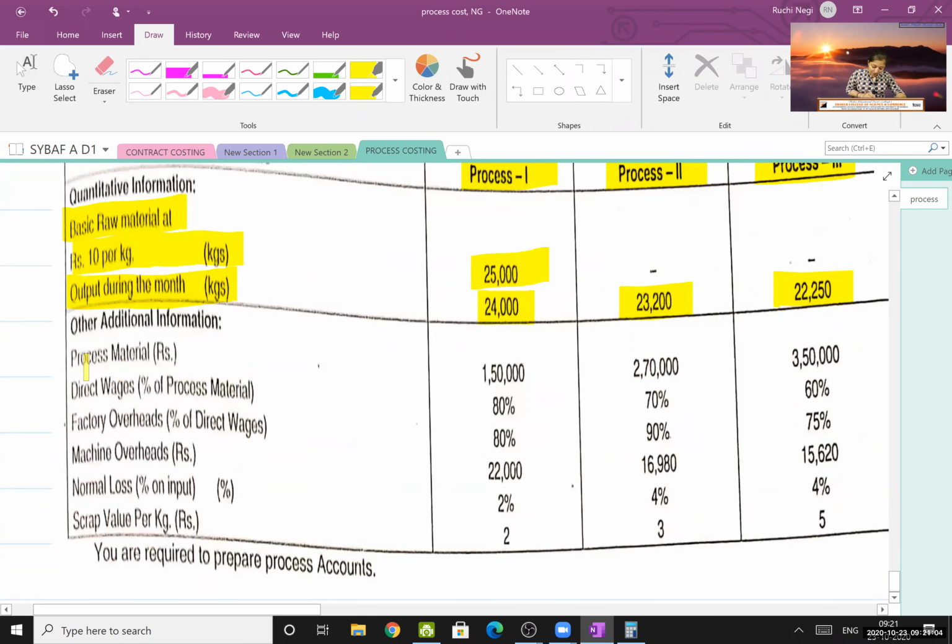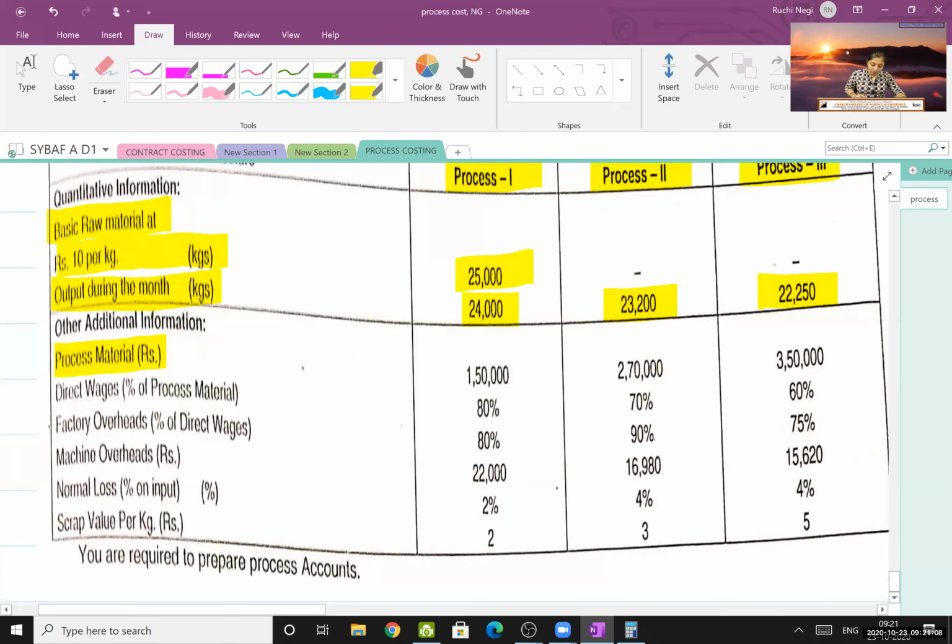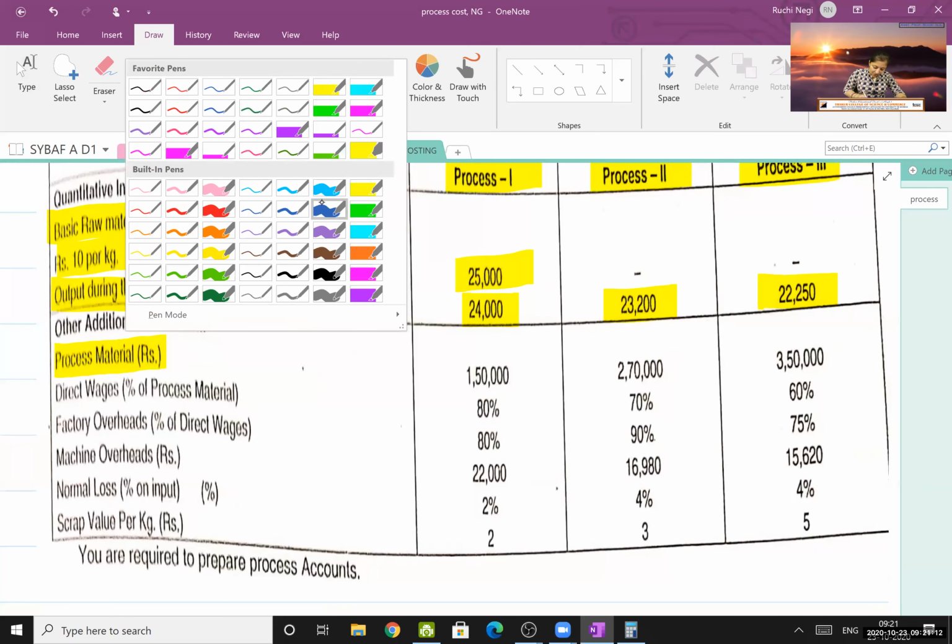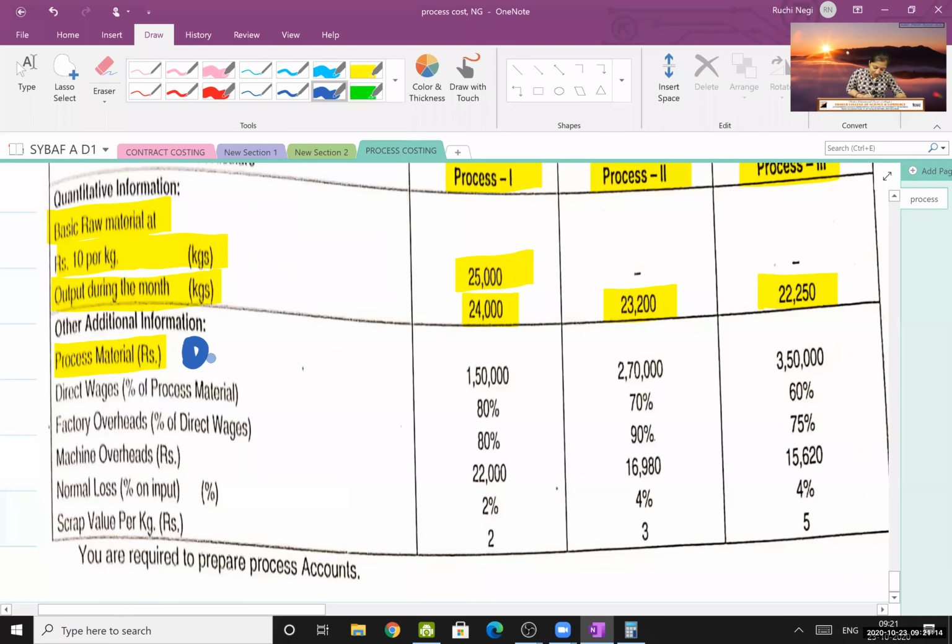Next, process material. So this is a raw material, additional raw material related to the process. So this I will debit. Okay, this I will debit. Next, direct wages is a percentage of process material. This also I will debit.